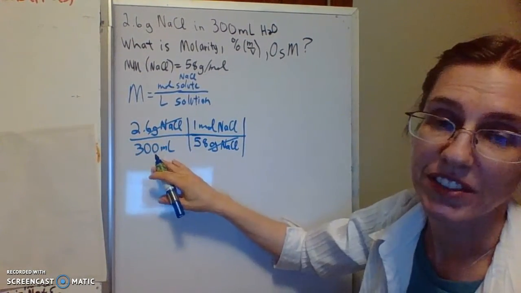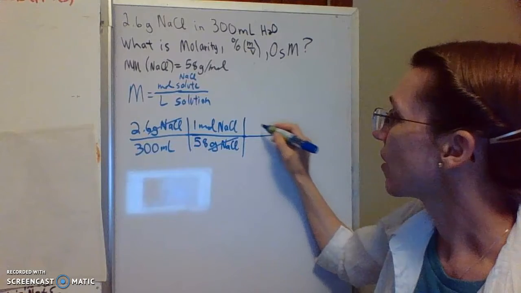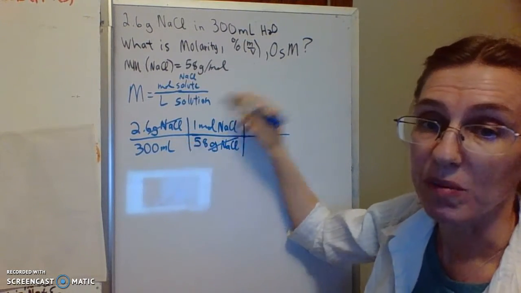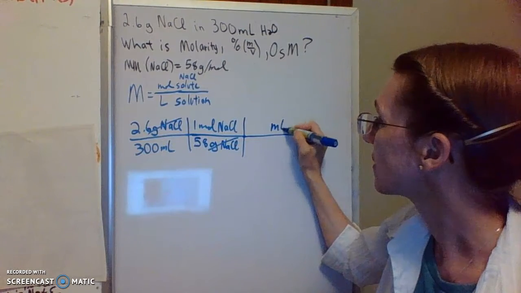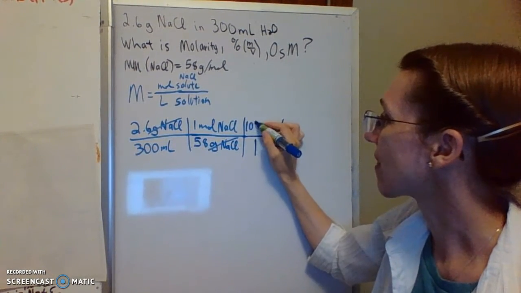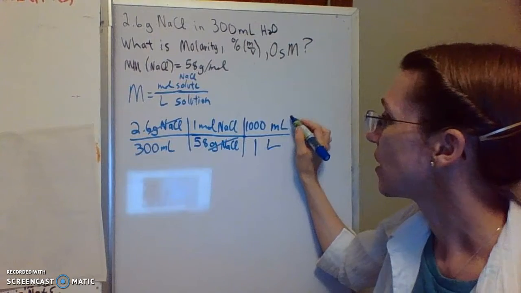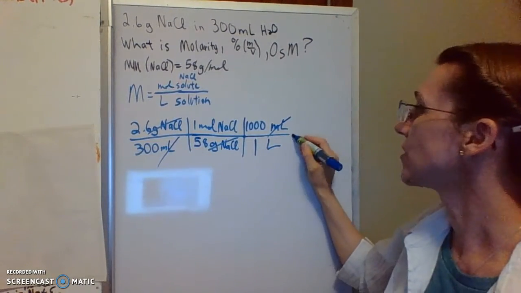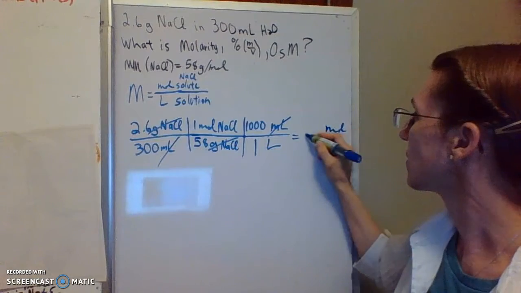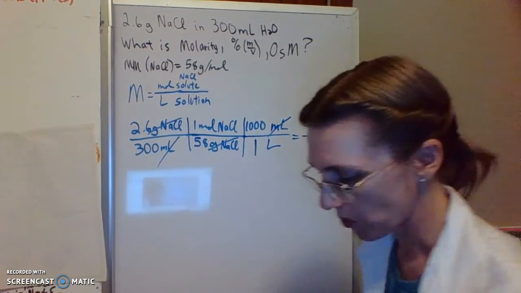Now our milliliters have to get changed to liters. We have milliliters in the bottom, so they have to be on top in order to cancel out. Then our liters go on the bottom. 1 liter is 1,000 milliliters. Milliliters cancels out with milliliters, and we end up with moles per liter, which is our molarity.